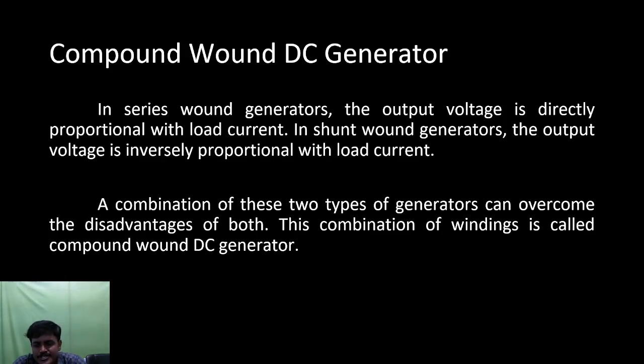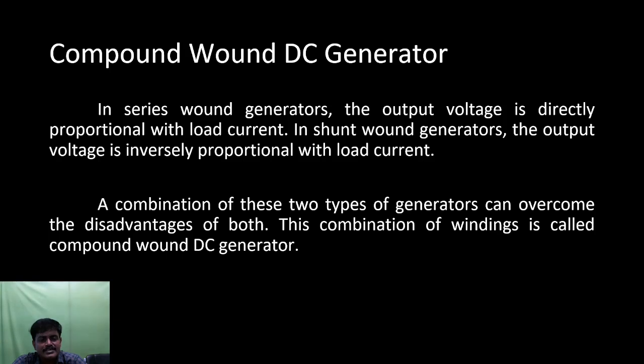In the shunt wound generator, the output voltage is inversely proportional to the load current. That is the main difference we have. So in the series field winding, the output voltage is directly proportional to the load current, and in the shunt field winding, it is inversely proportional to the load current.